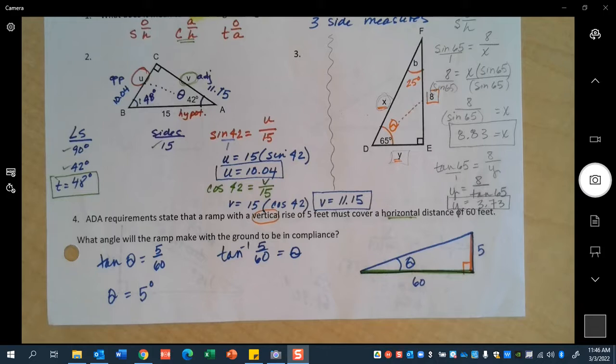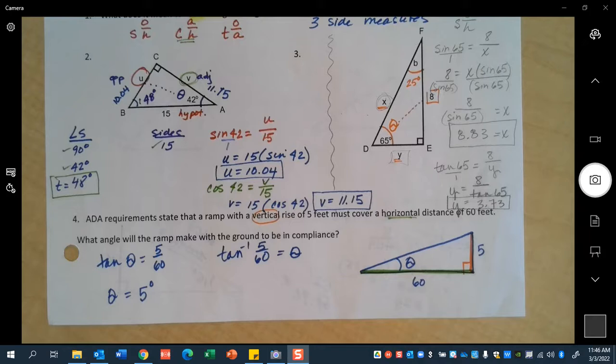They'll ask you how long is the ramp. If you hear or read the word horizontal, you know that that's a leg of your triangle. So when you have a horizontal and a vertical, you know you have a right angle.